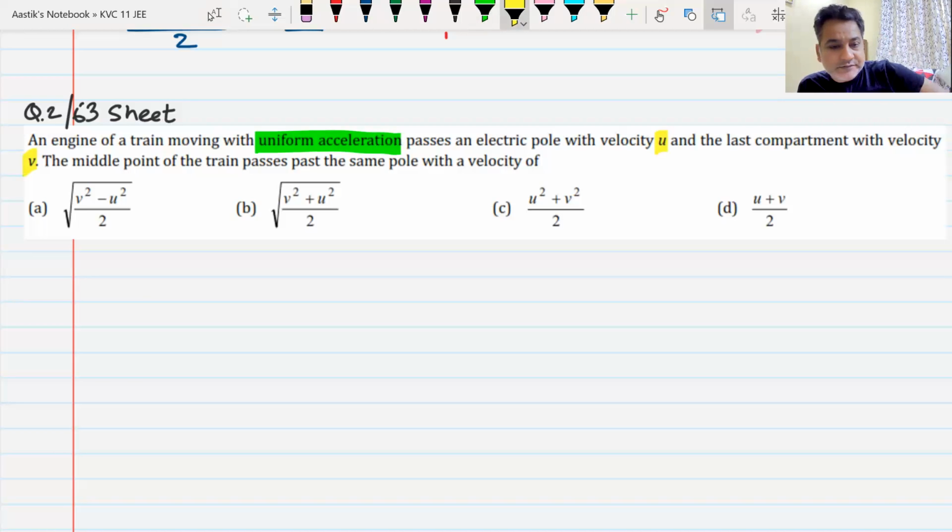You have to tell with what velocity the middle point of the train will pass the same pole. I'll give you 2 minutes to do this.